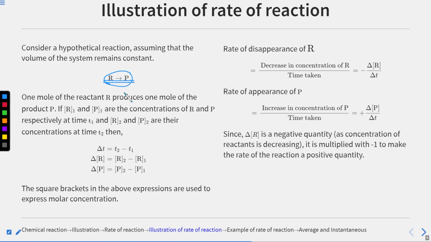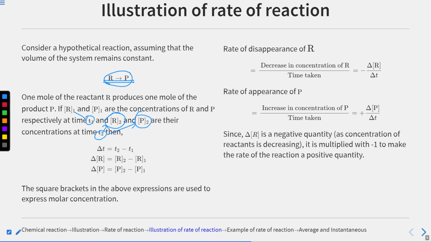If R1, P1 are the concentrations of R and P respectively, at time T1 we have the concentrations R1 and P1, and at time T2 we have the concentrations R2 and P2.